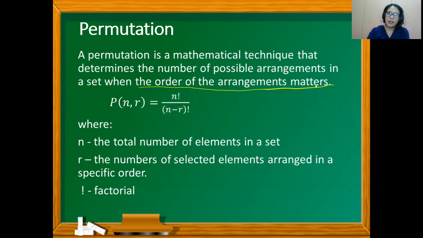We use this formula whenever we calculate permutation without repetition. Later, I'll be discussing the different types of permutation. This is read as permutation of n taken r equals n factorial over quantity n minus r factorial, where n refers to the total number of elements in a set, and r is the number of selected elements arranged in a specific order.